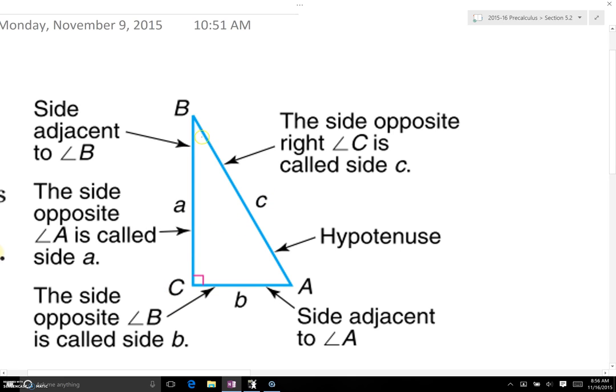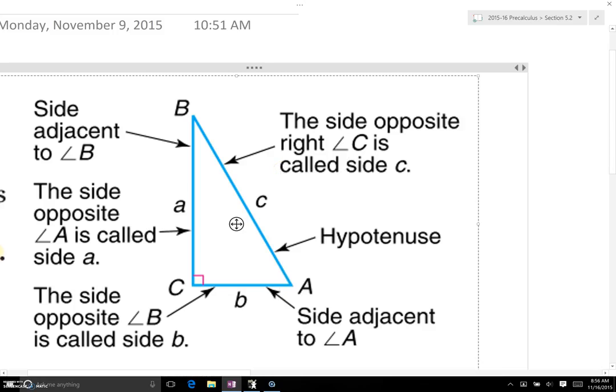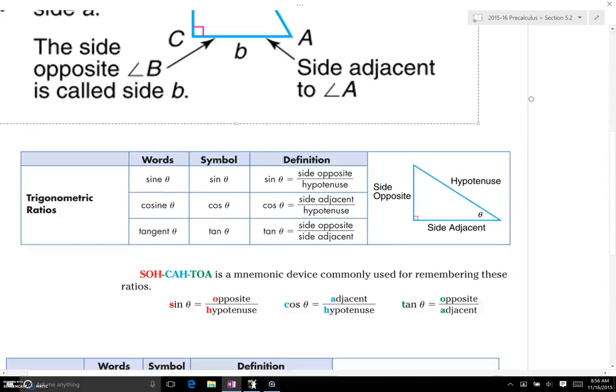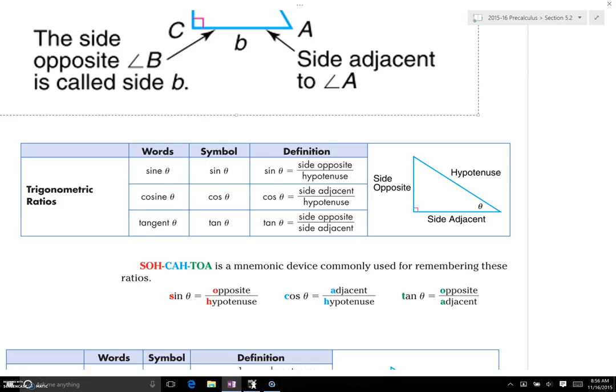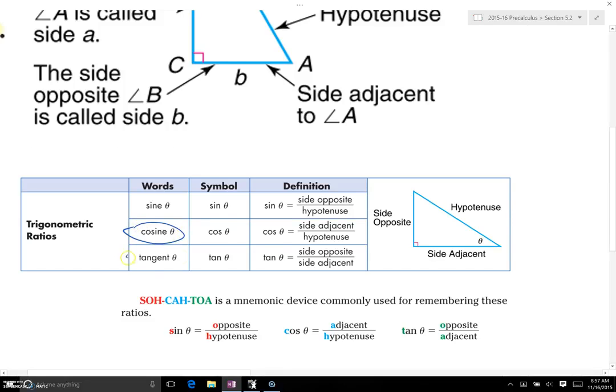If you remember from geometry, the size of the angle has a relationship to the length of the side that's opposite. So the largest angle has the largest side, and the smallest angle is going to have the smallest side opposite it. Okay, so the trig ratios we've got are sine, cosine, tangent. We usually don't write out cosine and tangent, we shorten them.